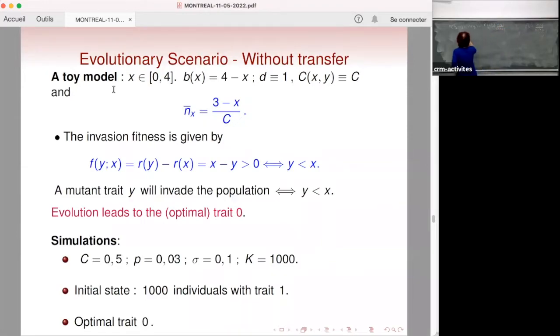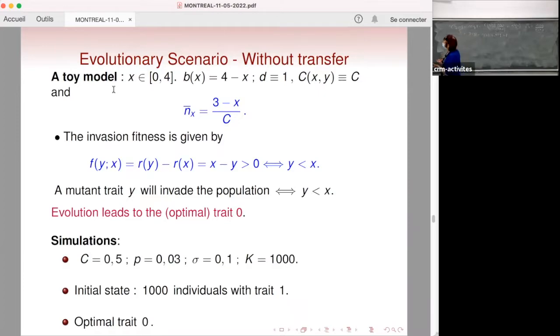And then if C is constant, you have only R of y, so we have R of y minus R of x, which is the usual invasion fitness, plus the transfer flux alpha of y x. For the moment, we assume that alpha is equal to 0, either tau is symmetric or tau is equal to 0. In this case the invasion fitness is given by this expression, and I explained that this fitness will govern the outcomes of the dynamical system.